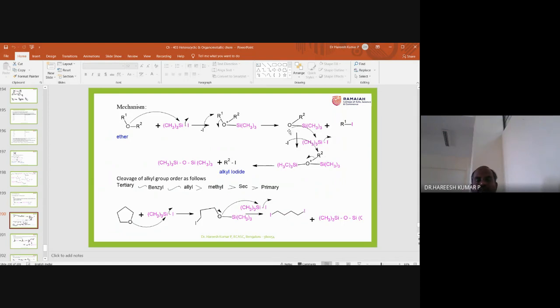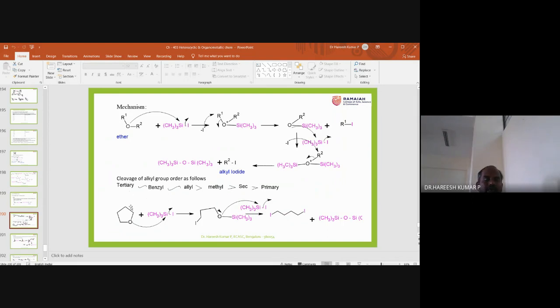Once there is a bond formation between the oxygen and silyl, oxygen attains a positive charge, then this bond pair comes out and sits as a lone pair. That means R2 along with the iodide goes out as an alkyl halide. So this is about the mechanism, more particularly the ether cleavage mechanism.